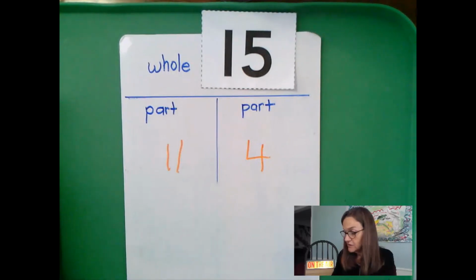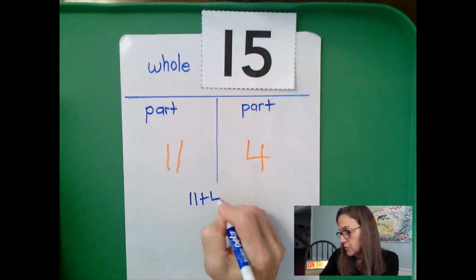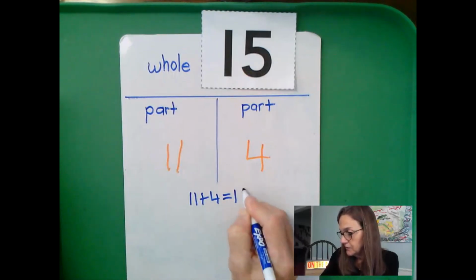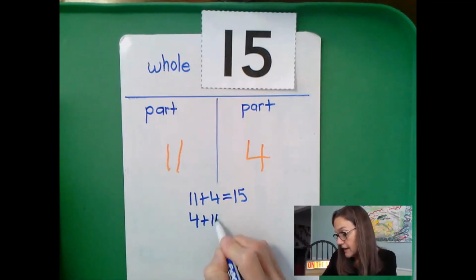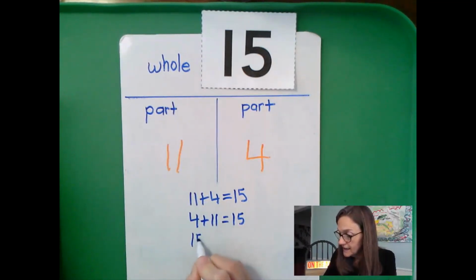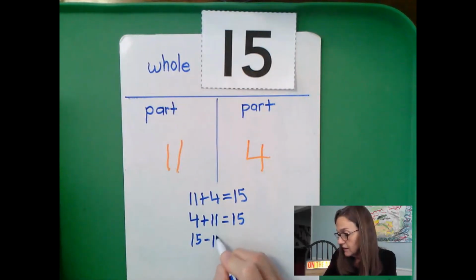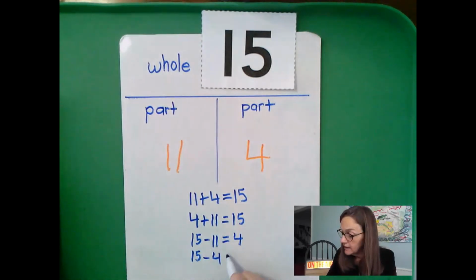Let me write it in a little bit darker marker. 11 plus 4 equals 15. 4 plus 11 equals 15. 15 minus 11 equals 4, and 15 minus 4 equals 11.